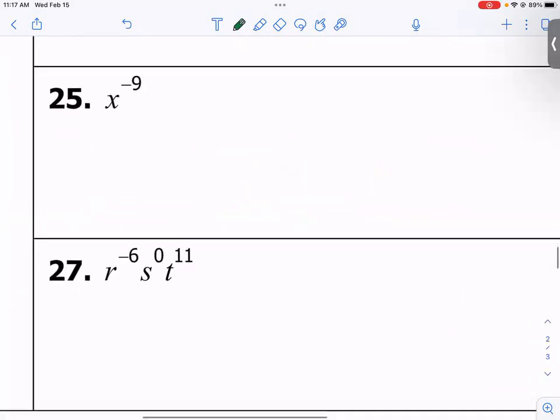Okay, so now look at number 25. Okay, I actually think it's easier when they're not numbers for our bases, because x to the negative 9 is just 1 over x to the 9th.